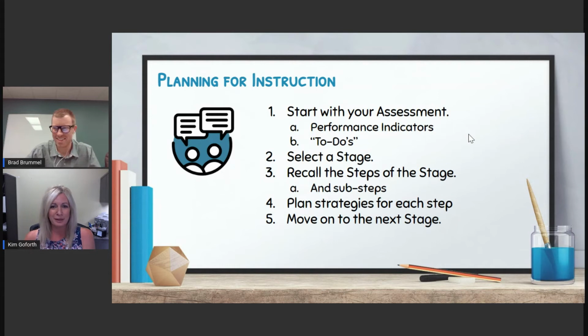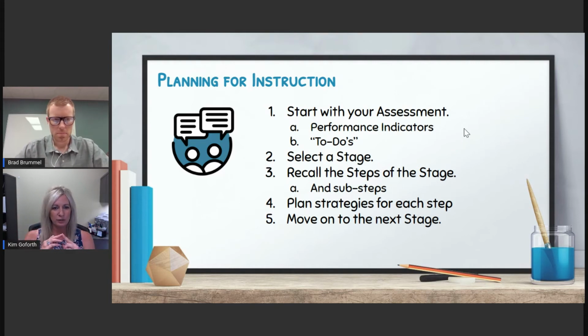This one's pretty big. So when I think about this big standard, I kind of put this overview that I needed to sort my brain out here. And so we start with our assessment, and Brad just talked about our backwards design model there. And so we look at our performance indicators and we look at the to-dos. And then because of the 4 stages, I need to really figure out, what am I asking my kids to do?